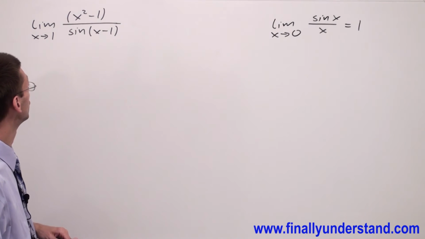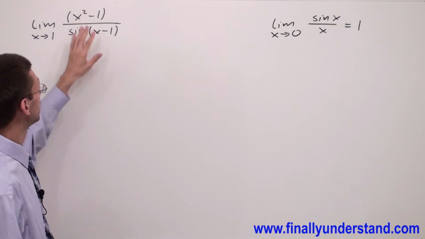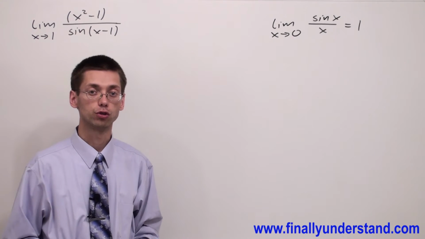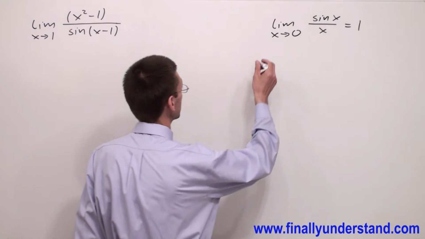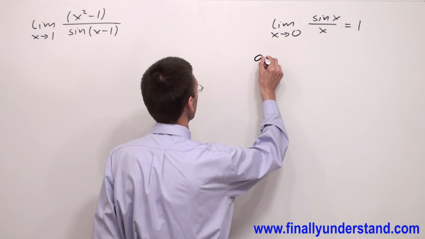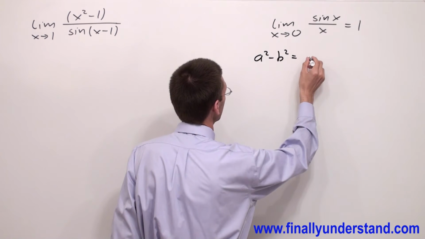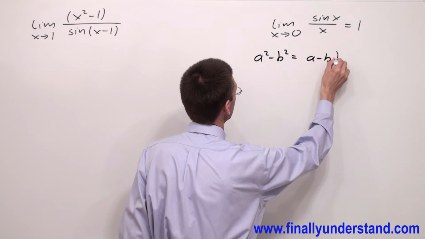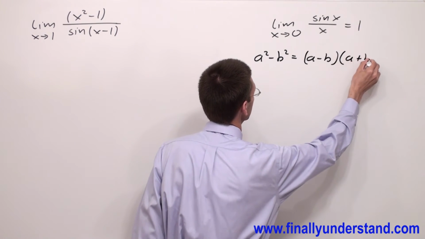So what we are going to do first is expand the numerator. We are going to use the formula for the difference of squares. Do you remember the formula? The formula says a squared minus b squared is equal to a minus b times a plus b.